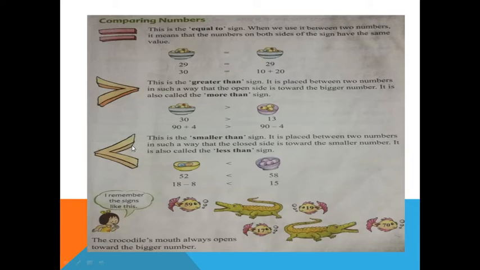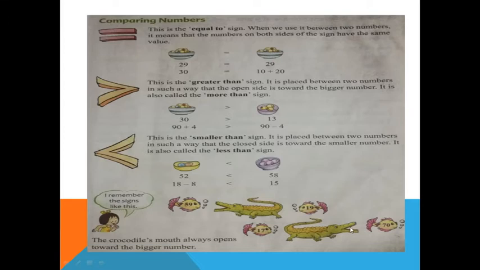Okay. Here is more example, where the crocodile mouth is open. See, this is the greater than. And here also the mouth is open, greater than, and the one coming to a point means small.